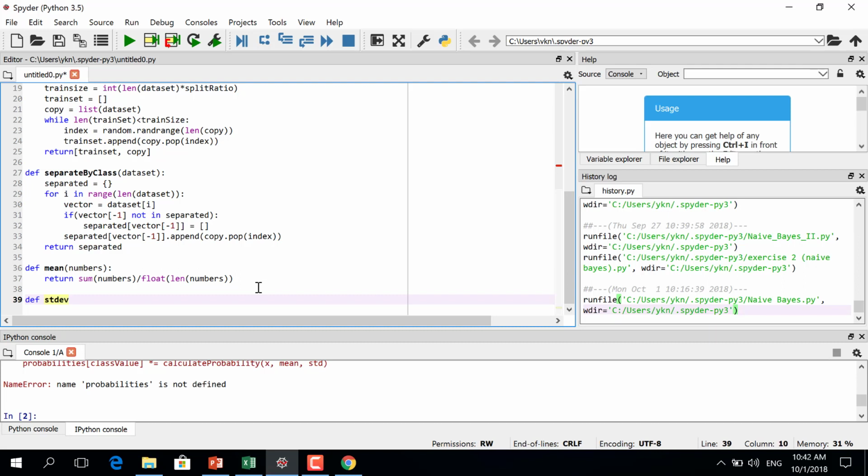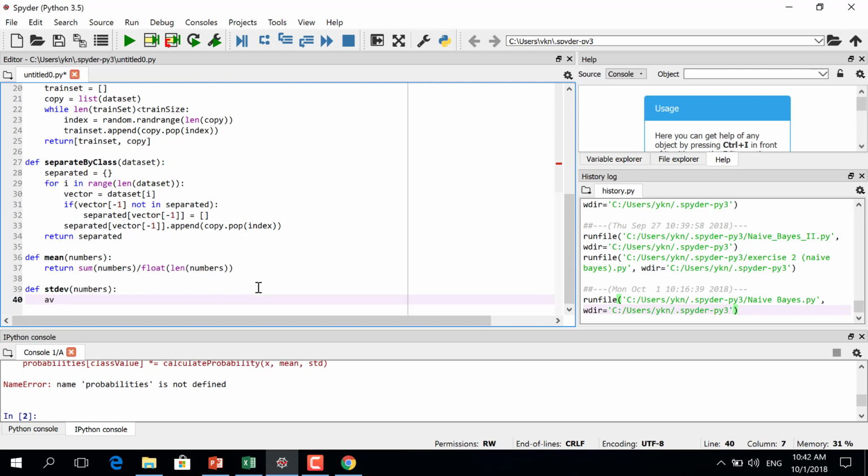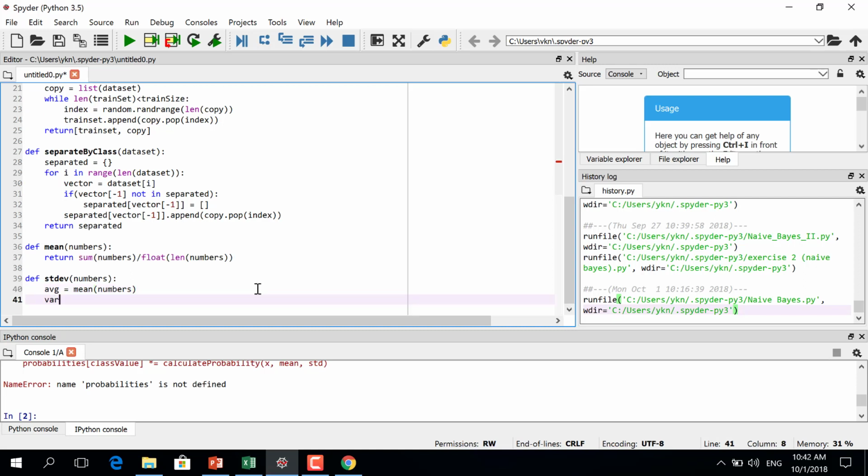All right, so here also numbers. Let's call it AVG, average, equal to the mean of the numbers. And then we have to find the variance.